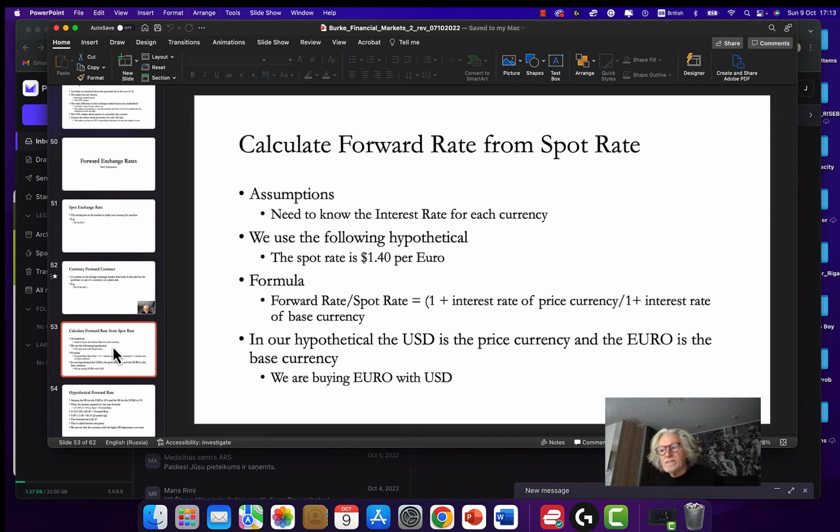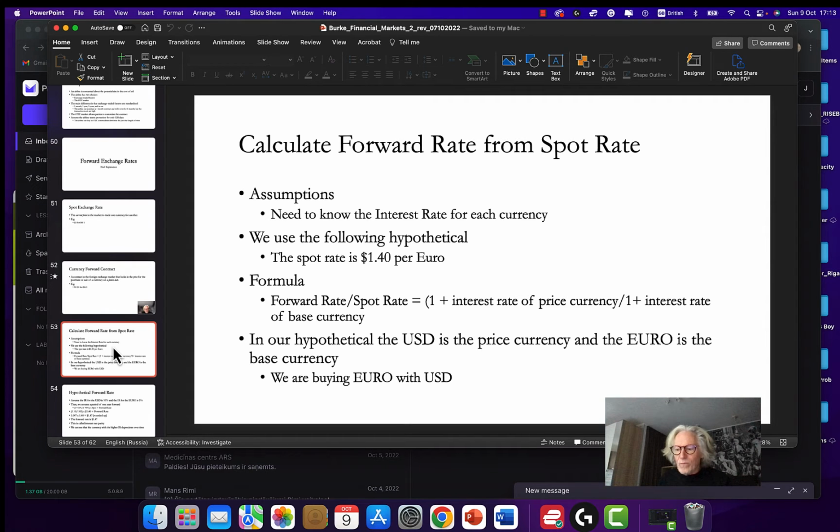So let's look at this hypothetical I've given. The spot rate is one US dollar 40 cents for a euro. That's a spot rate. So if I want one euro, I need $1.40.